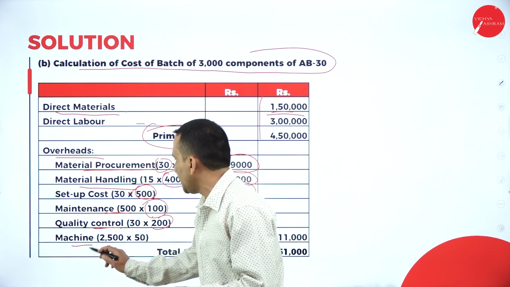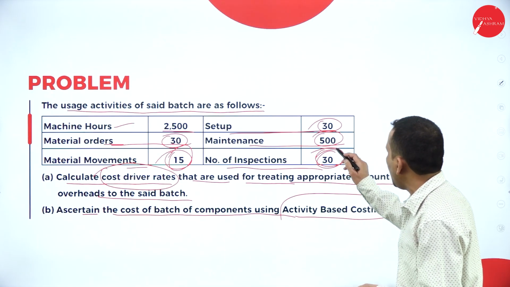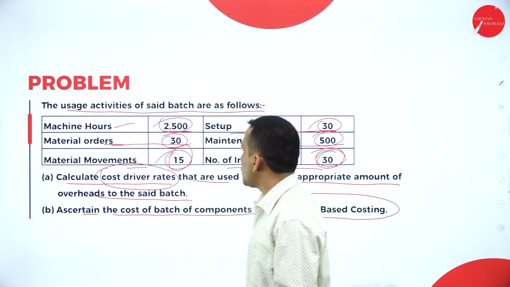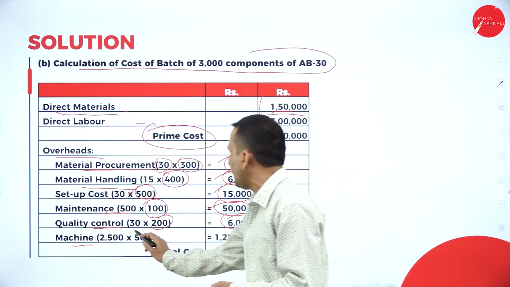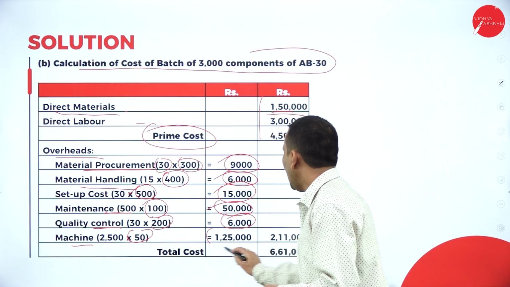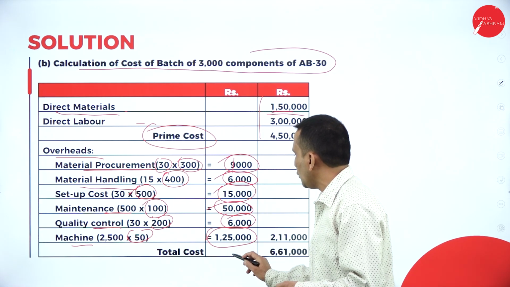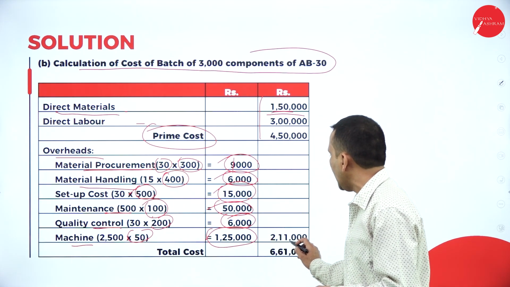The last one, machine: 2,500 machine hours are given, and 2,500 into 50 gives 1,25,000. Altogether, the total is 2,11,000.